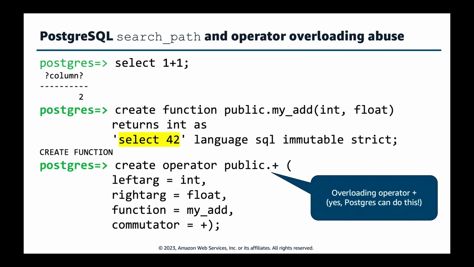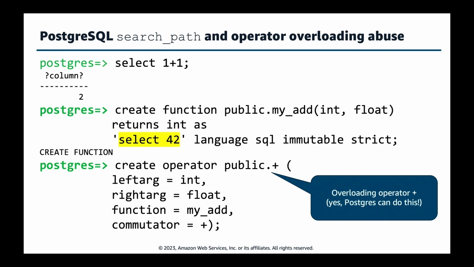So let's take a look at this. We have these operators: plus, minus, whatever, is an operator in Postgres. And in Postgres, you can actually overload that. So you can create your own addition operator. To illustrate that, I created my own operator in a public schema.